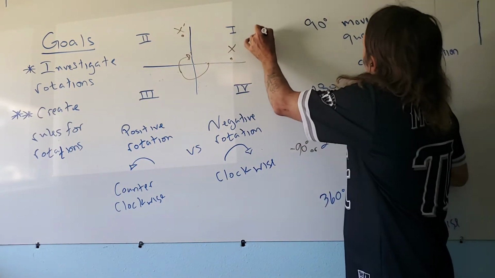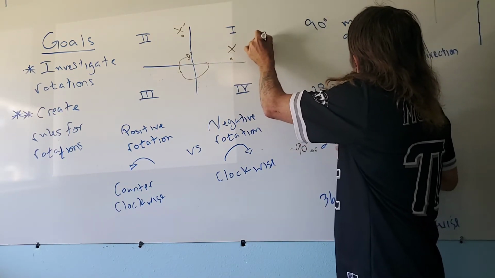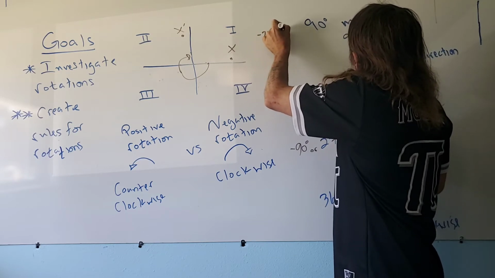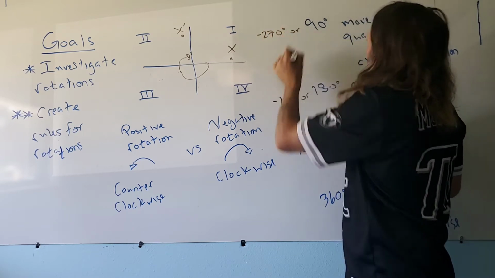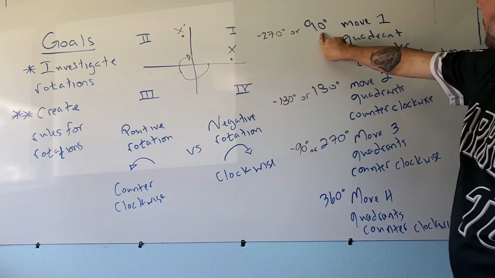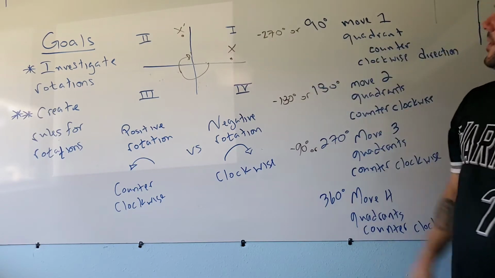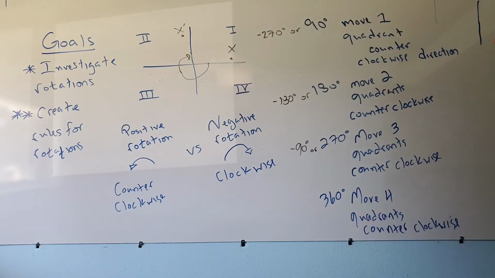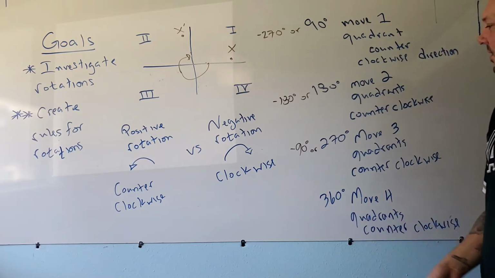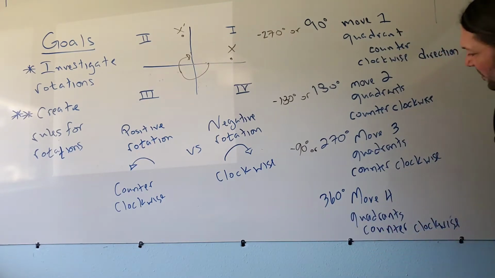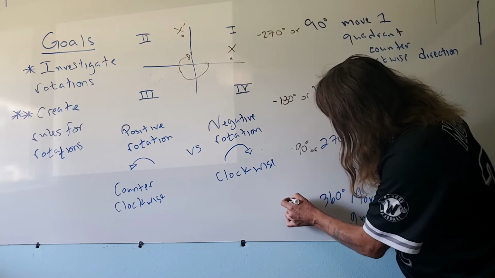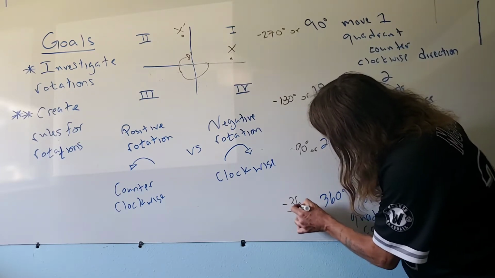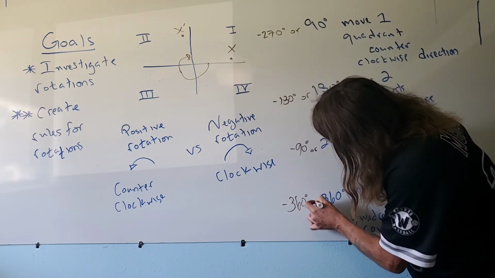So again, I said that there's 8 rotations, but in actuality, there's a positive way to get there as well as a negative. Now, a 360 degree rotation in the counterclockwise direction is also going to be the exact same as a negative 360 degree rotation.